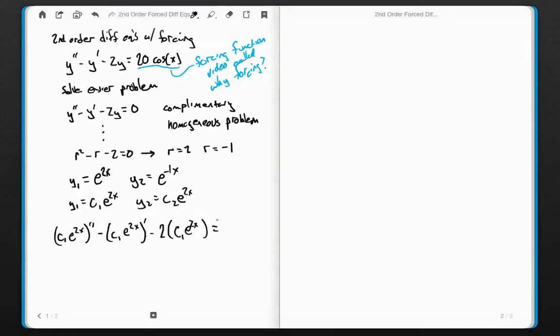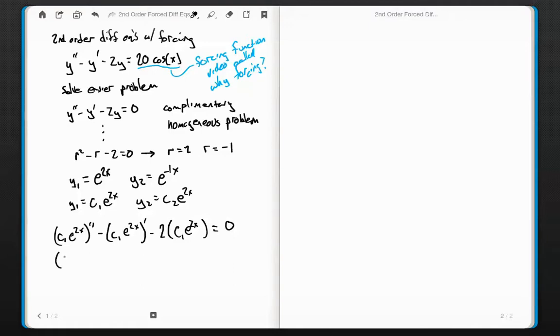And what would that equal? Every time I take a derivative, a 2 comes out, so this becomes 4 c1 e to the 2x, minus, taking one derivative here, 2 c1 e to the 2x, minus 2 c1 e to the 2x. That equals 0, right? That's nice, because that's what I was going for in the first place.